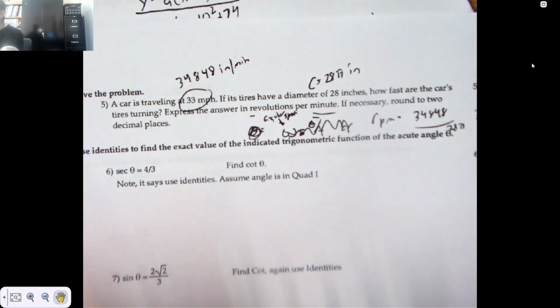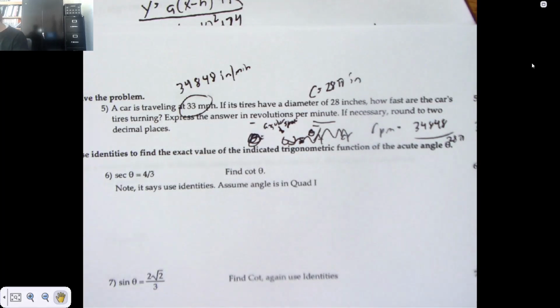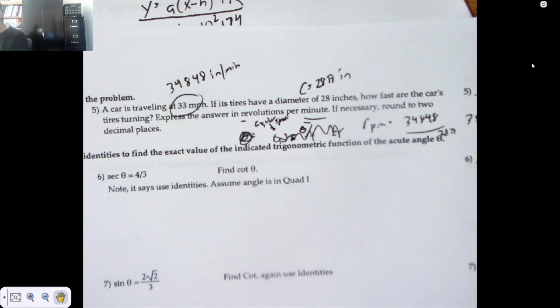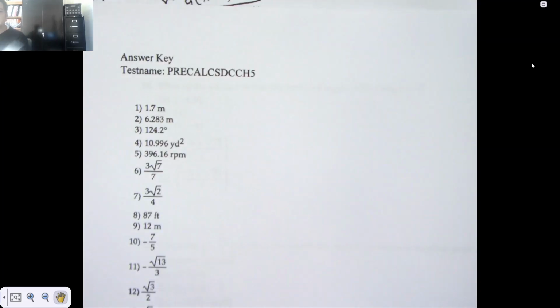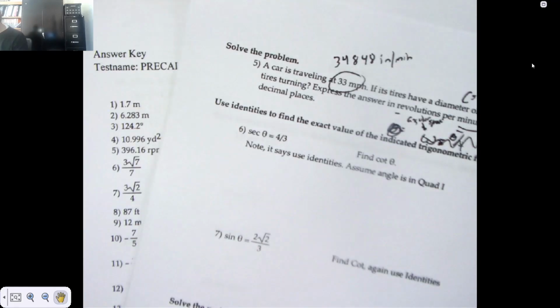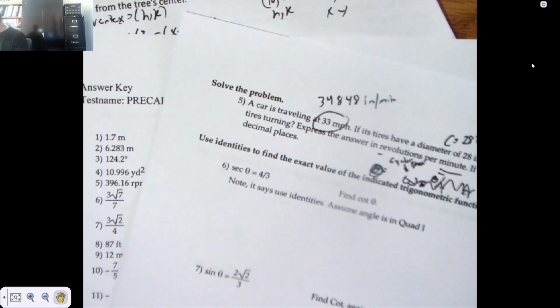And by the way, there is a key attached to this thing. So, you know, if I'm a little curious, I can go to the key. There she is. If I missed something, I could check it. Oh, like, look there, number 3, they have in degrees. I didn't do that. See, I'm glad I mentioned that. Back to this. This is a radian, right?